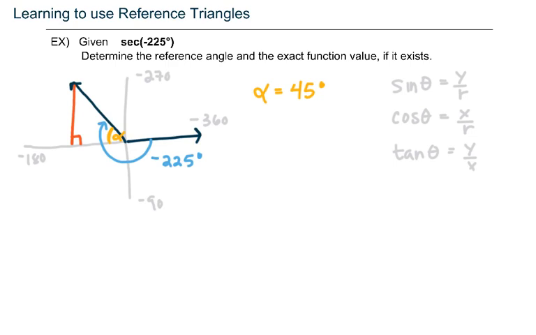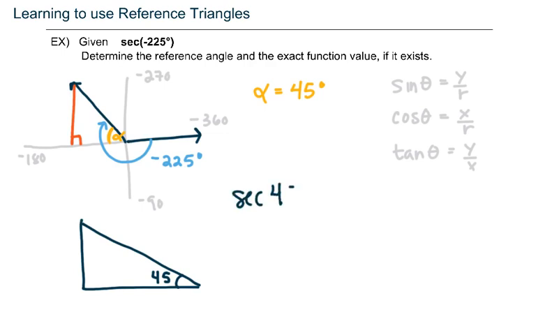So what we're going to do is pull out this reference triangle. So I have 45 degrees. I'm asked to find secant of negative 225, which is going to be the same as secant of 45. However, we need to consider which quadrant we're going to be ending in.